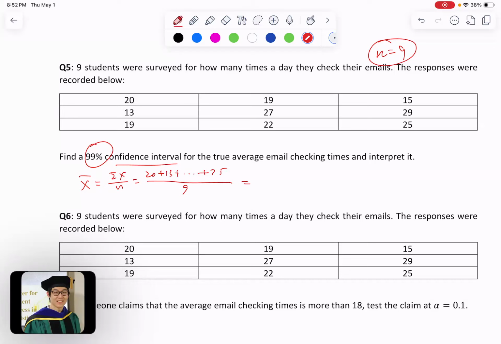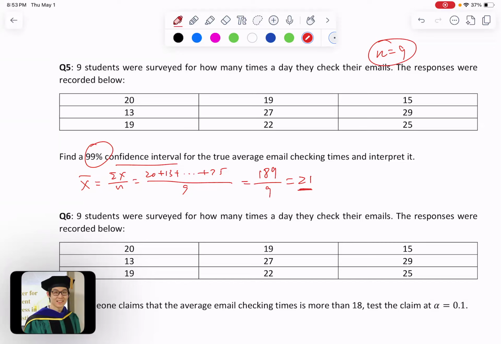So we type in the 9 numbers, and then we add everything together. So we have 189 divided by 9. So that gives us 21. So the x bar is 21.